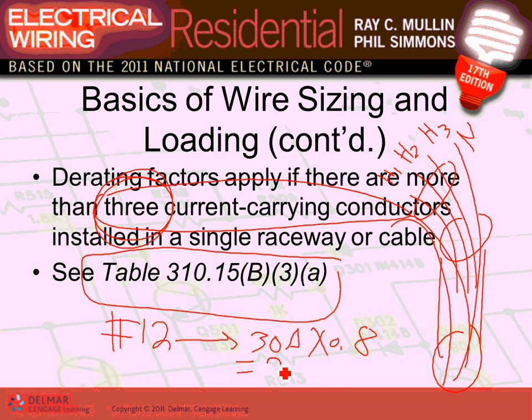Is that 24? 24 amps, right? 24 amps. Now that beautiful conductor that's supposed to carry 30 amps no longer can carry 30 amps because I jammed it in the same conduit, or by the way, cable. It doesn't have to be the same conduit. Same conduit or cable with other conductors that are also carrying current.